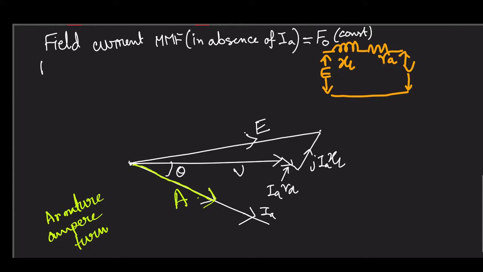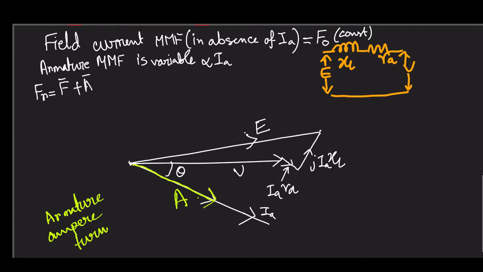Now this armature MMF is variable and proportional to your IA, and the resultant MMF Fr is equal to F naught plus A. Now when your machine is supplying a load that has power factor angle theta, and the IA amount of current is drawn by that load, and your machine is maintaining a voltage V across that load, then you get this.